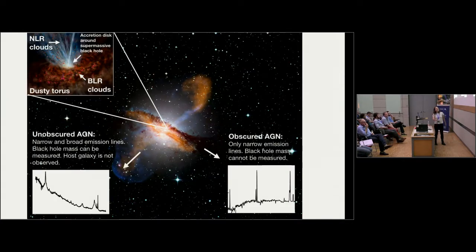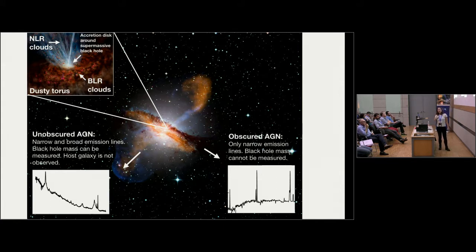Very simply, AGN are divided into two groups. This is what we call type 1 AGN, this is type 2, unobscured, obscured. When you're looking at the vicinity of the black hole, we have an accretion disk, and we have what we call the broad line region. These are clouds that are located in the vicinity of the black hole, and they are gravitationally bound to the black hole.